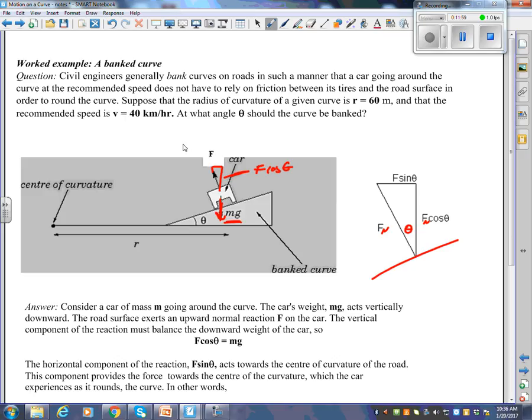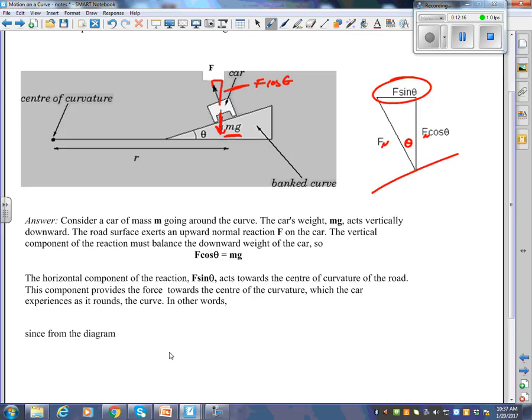So the vertical component of the reaction must balance the downward weight of the car. So F cos theta is equal to mg. The horizontal component of the reaction, that's this guy here, acts towards the center of the curvature of the road. This component provides the force toward the center of the curvature, which the car experiences as it rounds the curve.